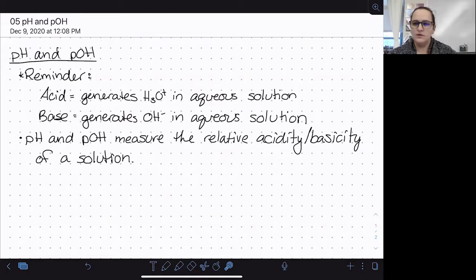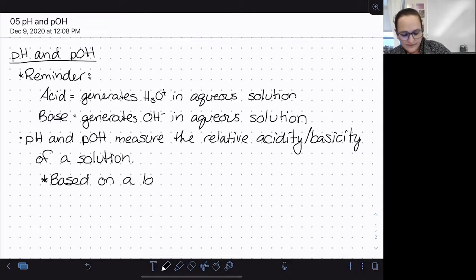And those two things do go hand in hand, which we'll talk about a little bit more in the next video. You can actually convert between the pH and pOH scales. But either one by itself gives us essentially the same information, just in a different way. So both of these are based on a logarithmic scale, base 10 logarithm.